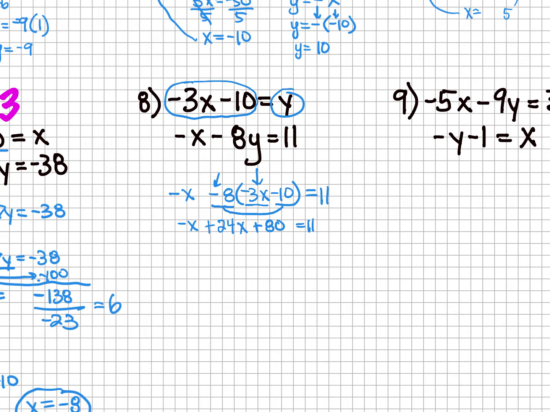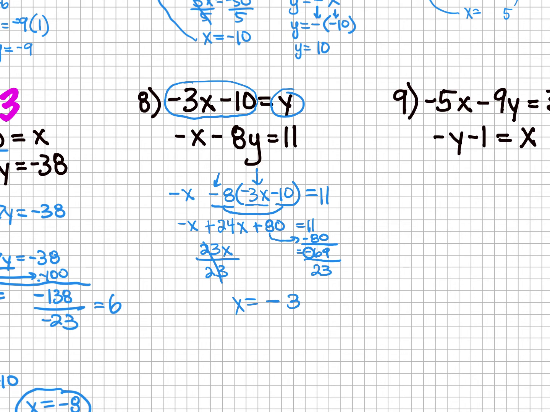Negative 1x plus 24x is 23x. I'm going to move this 80 over here and make it negative 80. So 11 on the positive, 80 on the negative equals negative 69. Divide by 23. 69 divided by 23 is 3. X equals 3. But I see this one negative in my division problem, so this makes this negative.